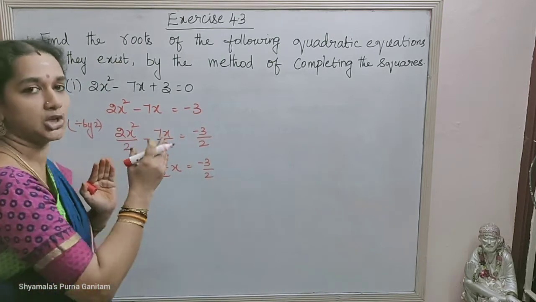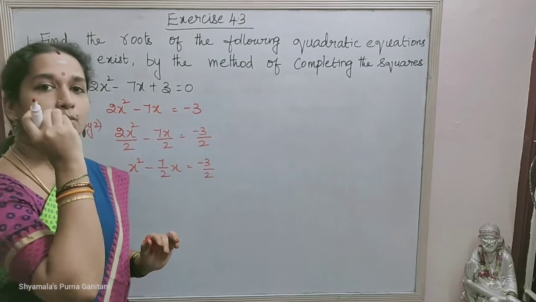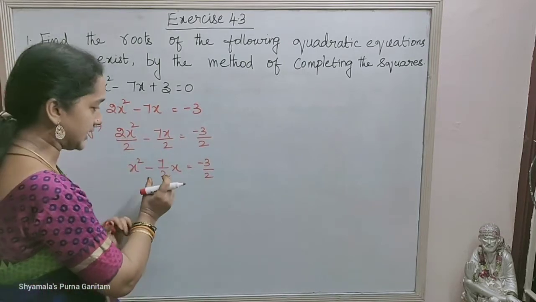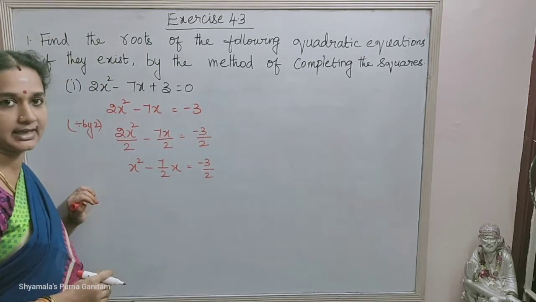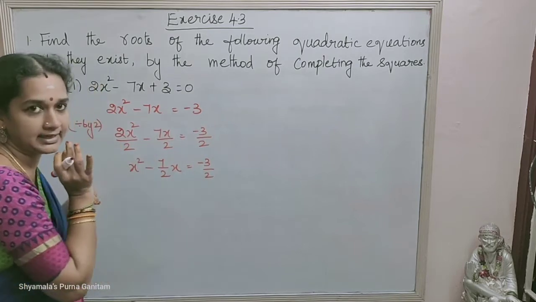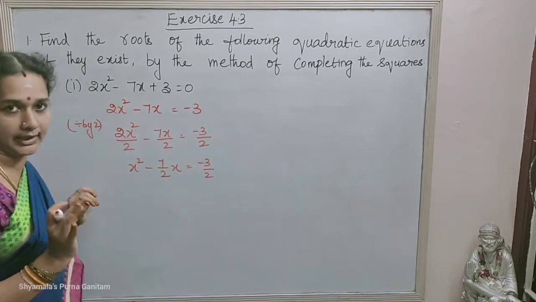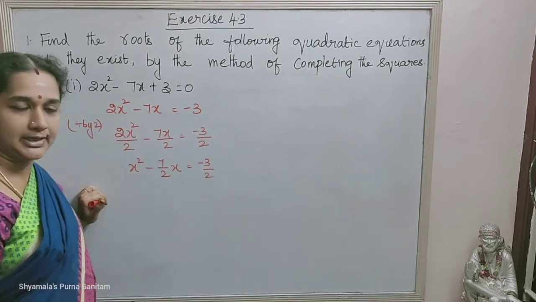You have to add the square of half the coefficient of x on both the sides. What is the coefficient of x here? You ignore the sign here. Whatever sign is there, you ignore. Only the 7 by 2 you take. So here 7 by 2 is the coefficient of x.